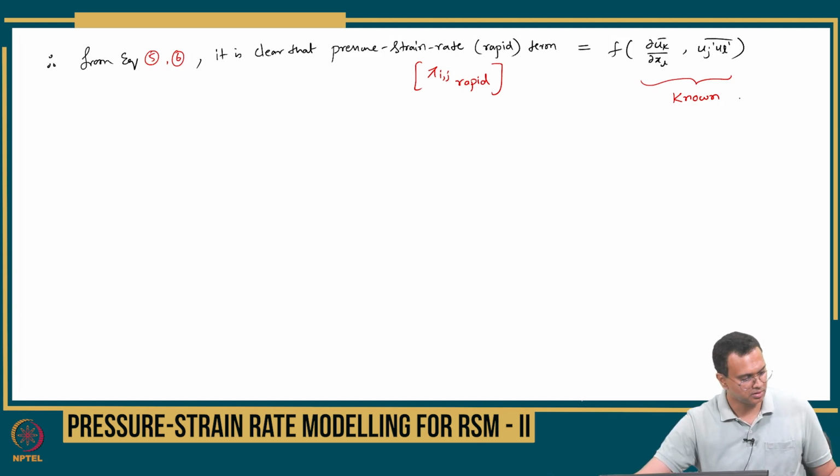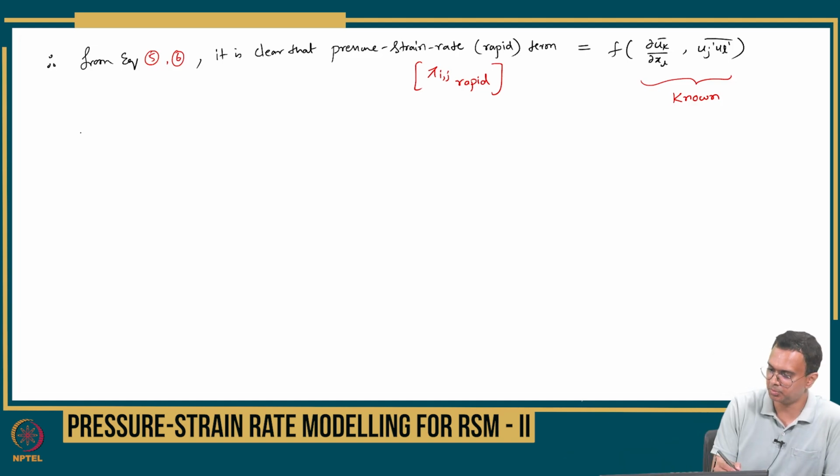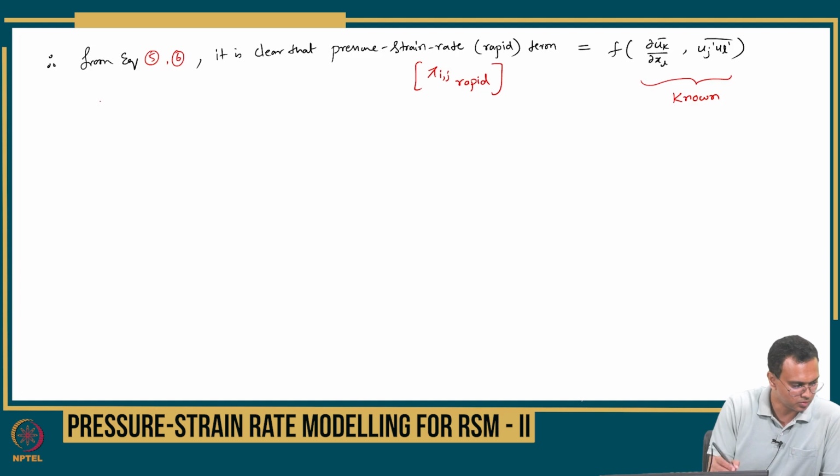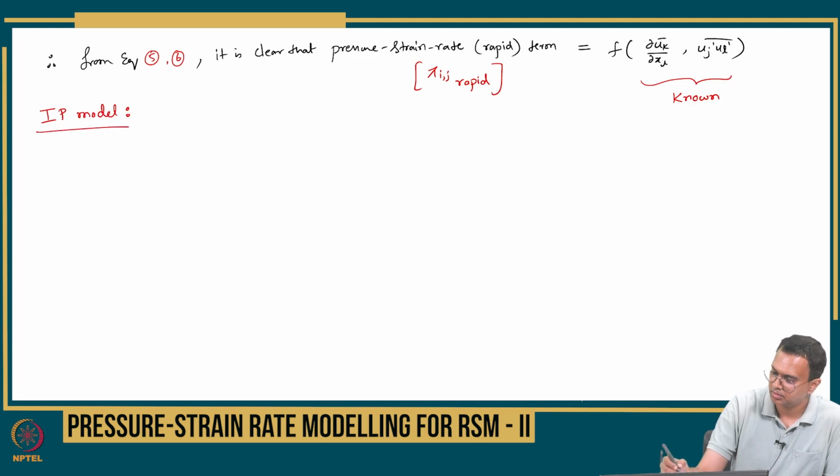This particular model for the rapid term has a name, it is called the IP model. It is a very popular model used in commercial codes also. So the pi ij is called the IP model. This IP model, which means isotropization of production, that is IP.